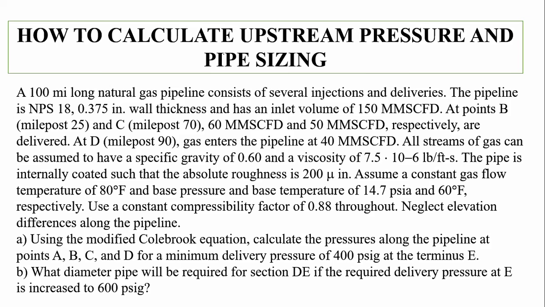At point B, milepost 250, and C, milepost 70, 60 million standard cubic feet per day and 50 million standard cubic feet per day respectively are delivered.